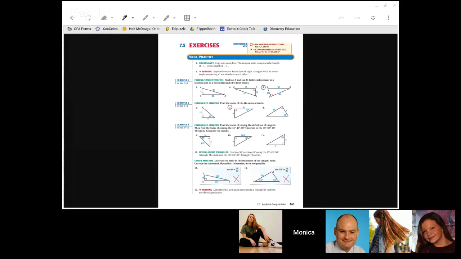Yeah, that's not possible because it's not a right triangle.